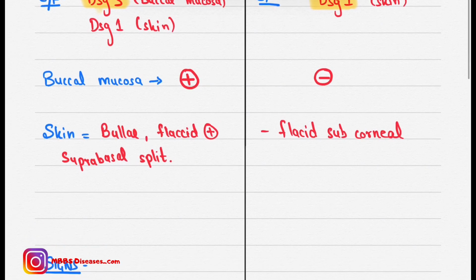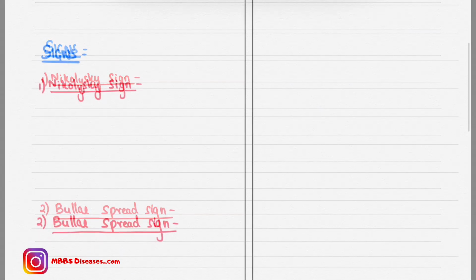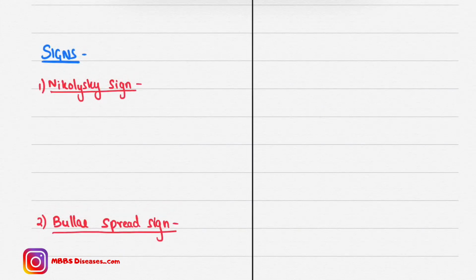Okay, now coming to some clinical signs. The first sign is Nikolski sign, and another sign is bulla spread sign. So what is Nikolski sign? Suppose this is the skin and we have a bulla present over the skin, and we apply a tangential pressure over the bulla.